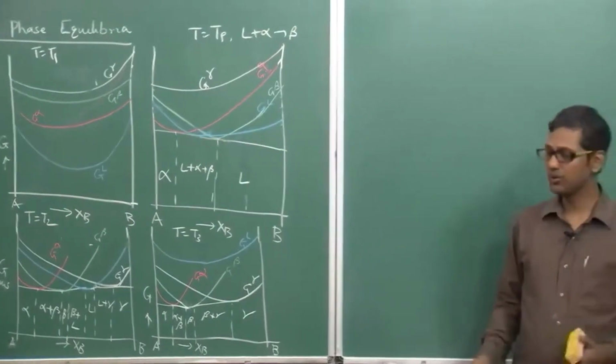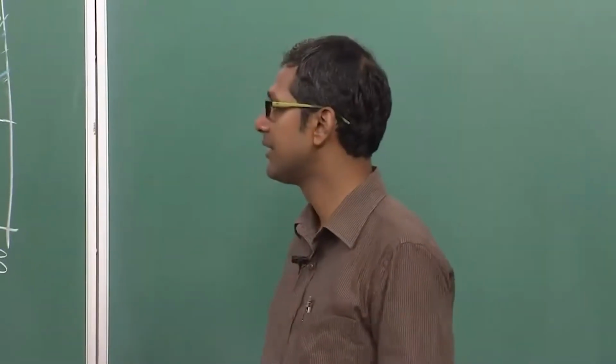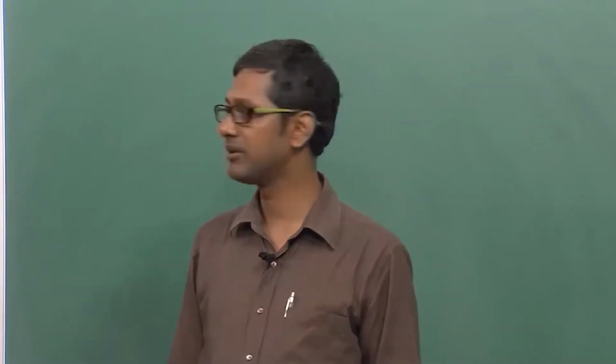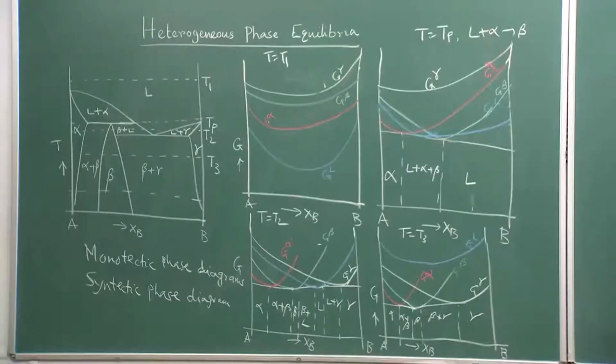Now let me also continue the discussions. As you have seen, these phase diagrams are actually drawn at 1 atmospheric pressure. Almost all the metallurgical phase diagrams are drawn at 1 atmospheric pressure. We don't change the pressure. In fact, that's why we have two axes. One is the temperature axis, the other one is the composition axis.